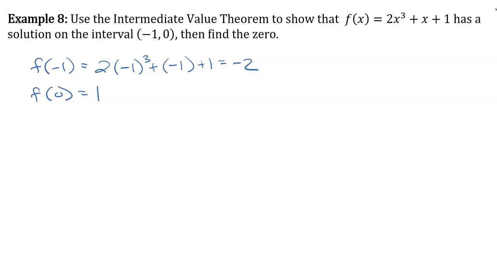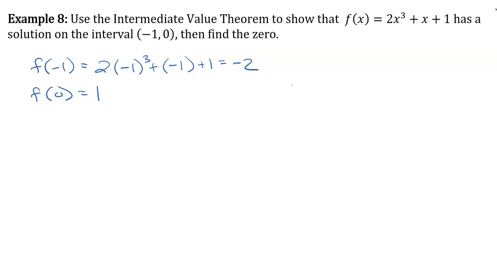So the value on the left here is -2, which is, of course, negative. The value on the right is +1, which is positive. So the fact that we have negative on the left and positive on the right means that we have to go through the x-axis somewhere in the middle, which means that we have a 0 somewhere in the middle.